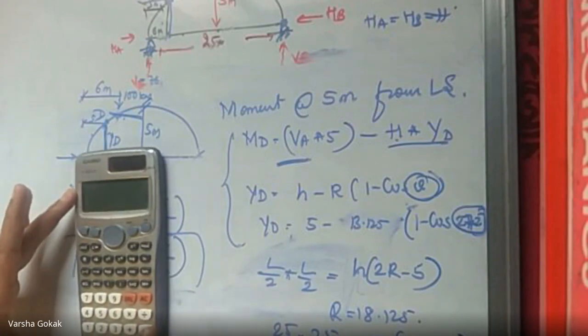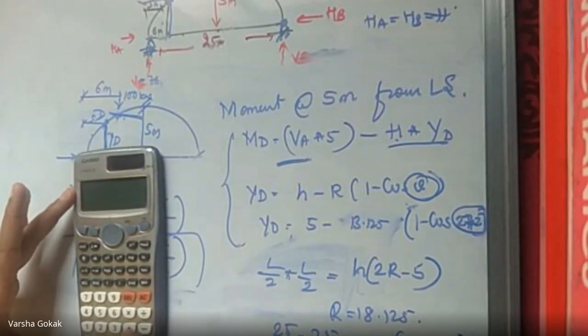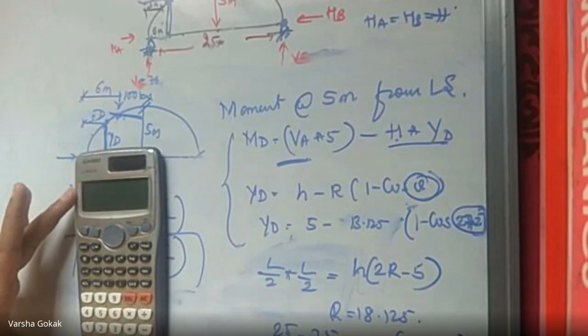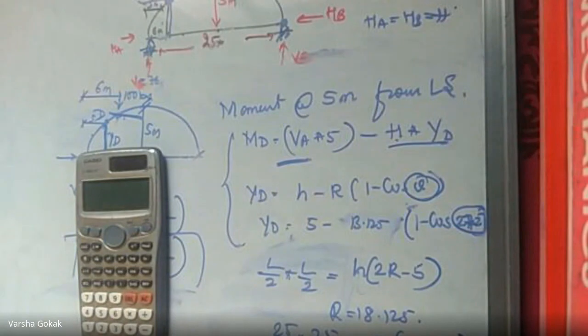This is divided by 5 plus 5. Okay, divided by 2. R is 18.125.